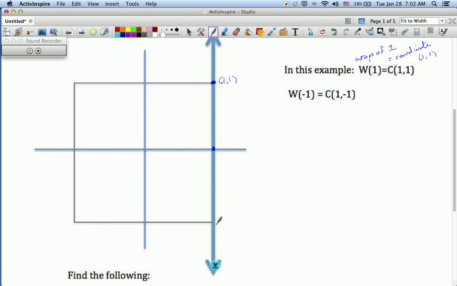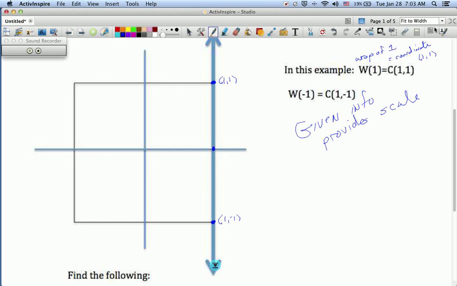And likewise, a wrap of negative 1, in the negative direction, gives you the coordinate 1, negative 1. So now we have some scale, because this is given information. Given info provides scale. And that given info may be on the diagram, it may be on a grid, or it may be written off to the side like it is right here.